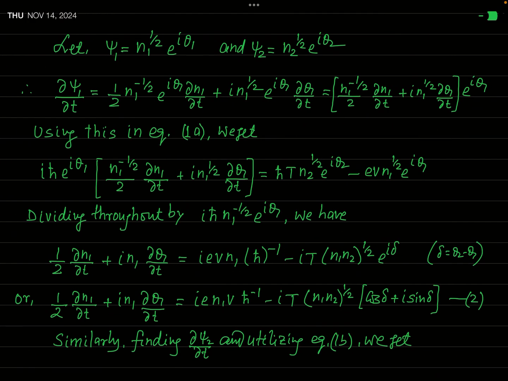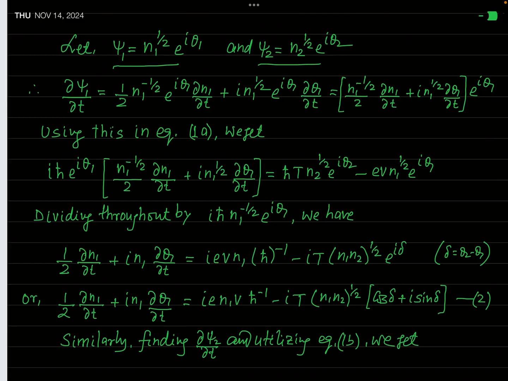Now you have also learnt that we can express psi1 in this manner and psi2 in this manner. All these things you have learnt in the previous lecture. Here n1 and n2 represent the concentration of the Cooper pairs in the first and second region, and theta 1 represents the phase of the wave function or phase of the Cooper pair.